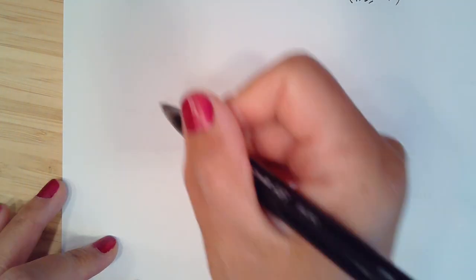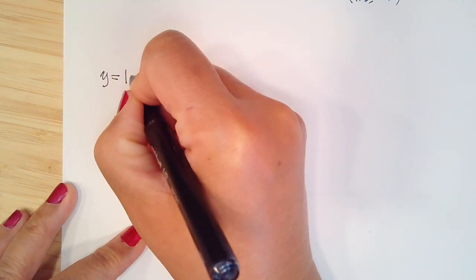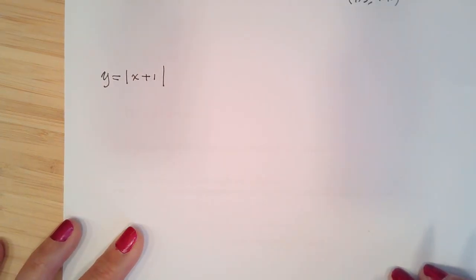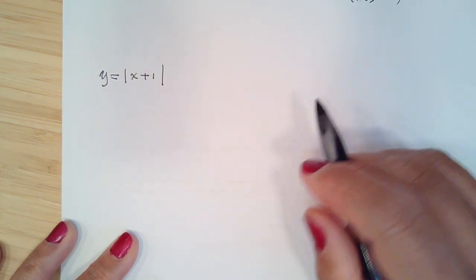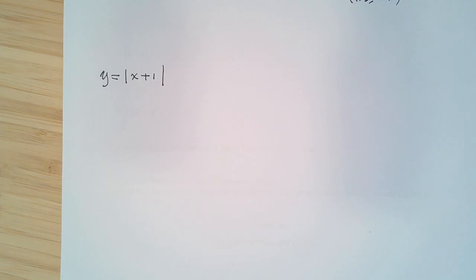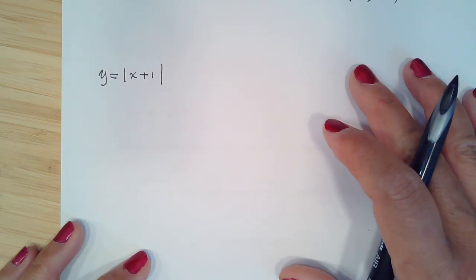The one more will be y equals the absolute value of x plus 1. This is tricky. Quick review: what is the absolute value? The absolute value of a number takes only the number itself. We ignore the sign, or the other way to say it is we change all the signs to positive.